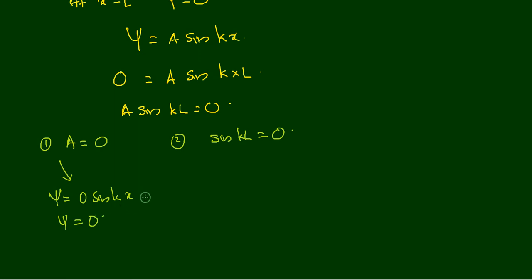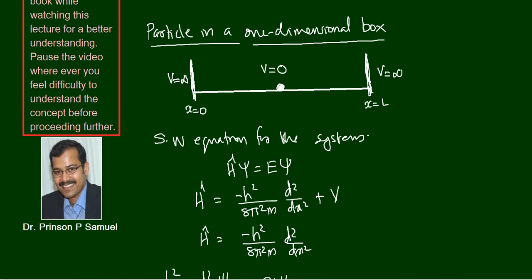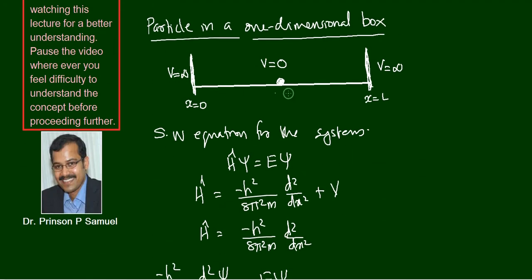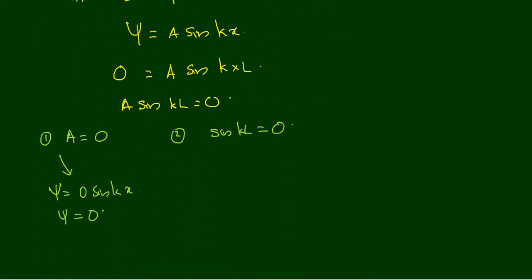It means that for whatever value you give for x, at whichever position you are trying to observe the particle, from x is equal to 0 to x is equal to L, the psi will be 0. Psi will be 0 because psi is independent of x.